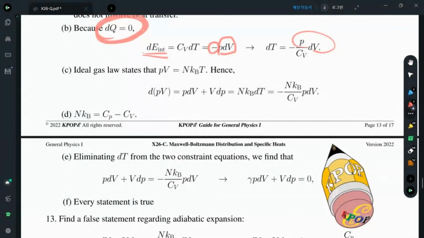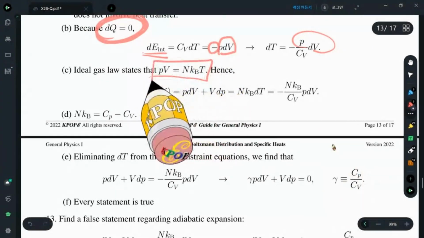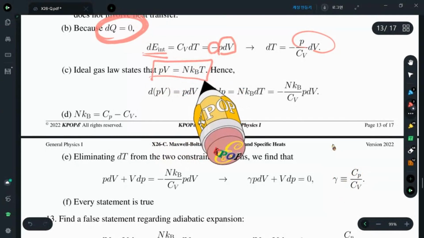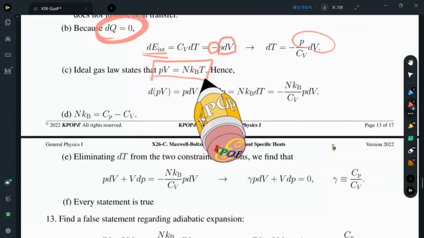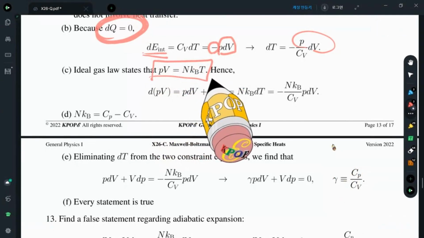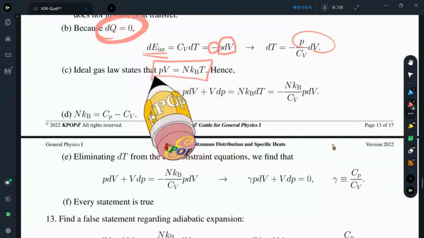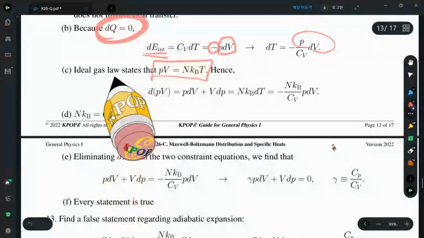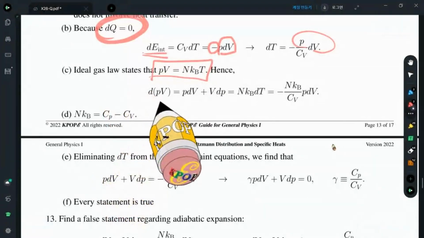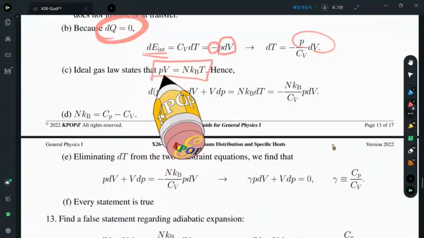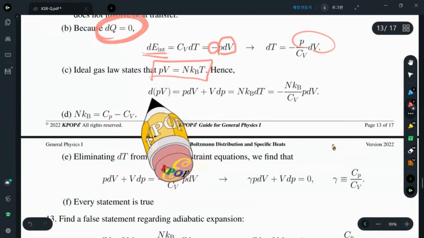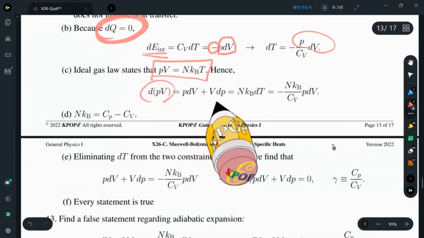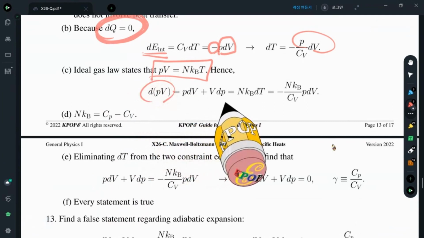The ideal gas law is the same for any kind of gas, for example monatomic, diatomic, or polyatomic: always PV equals NkBT. We take the differential of this, and the left side is P times V's differential, so PdV plus VdP.